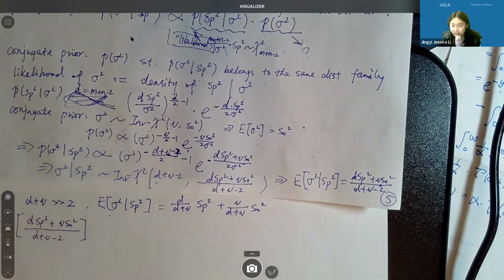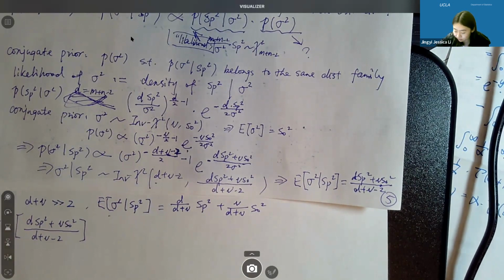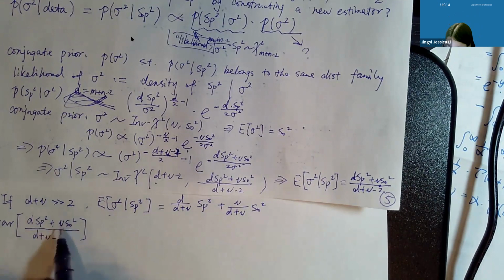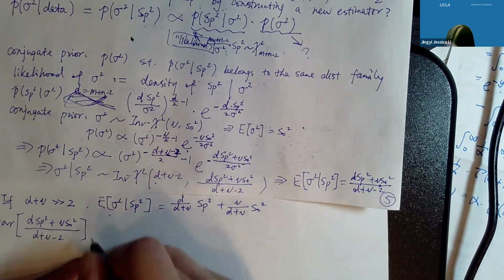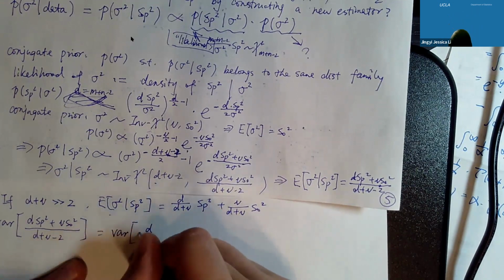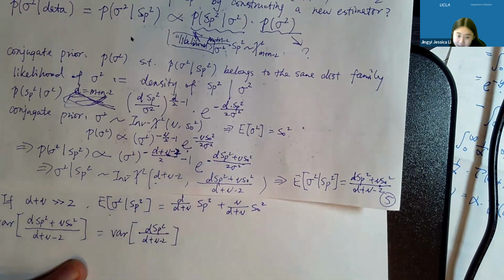Is its variance really smaller than the variance of our Sp squared? Now for the prior parameter S0 squared, let's assume that it's known, it's given. So it's not from our data, and so it's not random. In this case, when we calculate variance, anything added that is not random can be ignored. So the variance is basically just the variance of D Sp squared over D plus V minus 2.